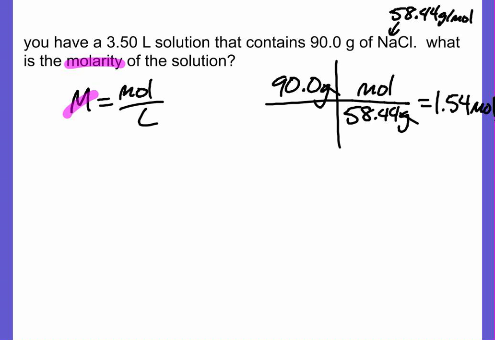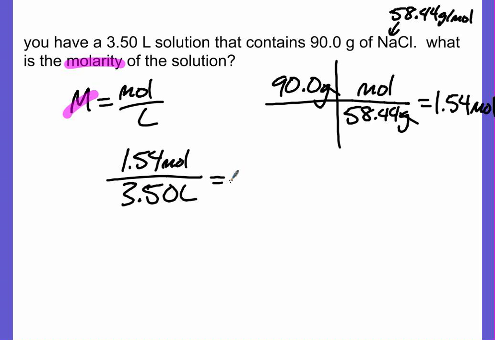And so now I do have all the things that I need to complete my equation over here. All I have to do is take this 1.54 moles of my solute and divide it by my total volume of my solution, which is 3.5 liters. And that should give me my molarity.